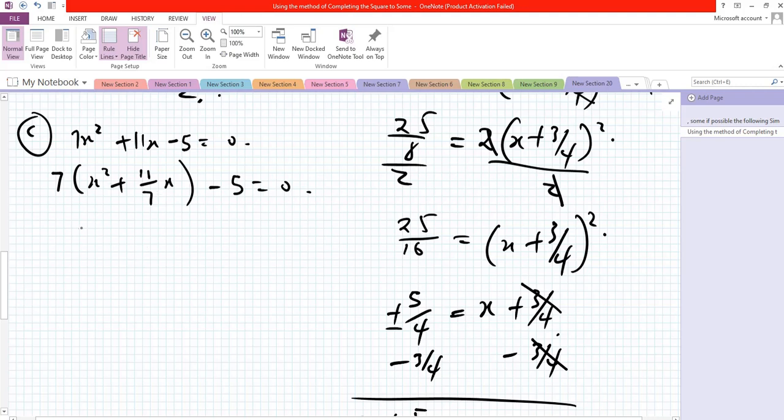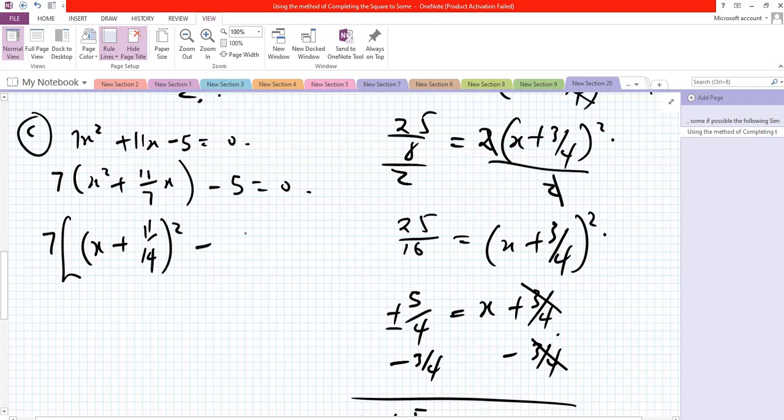So using the completing the square method, you say x, plus half of that. Half of that is 11 over 14 all squared.